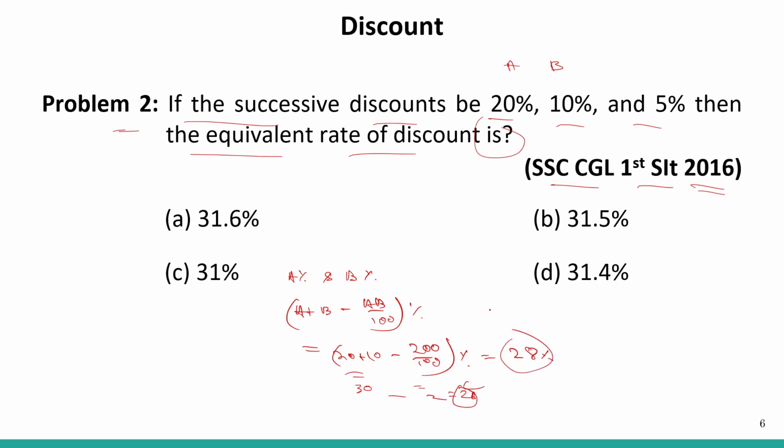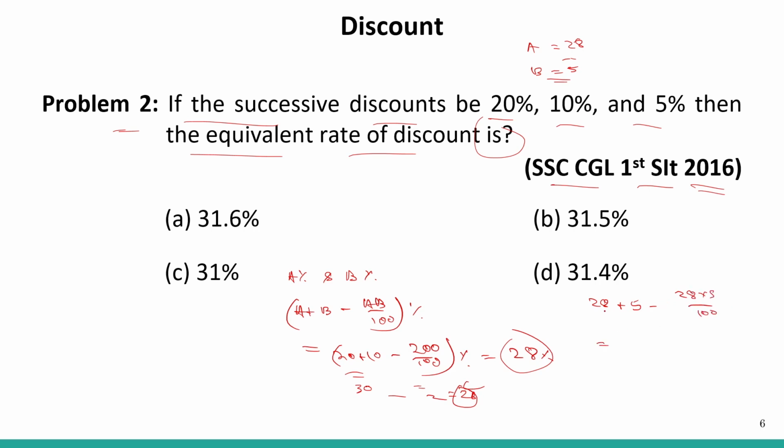Now we have a successive discount of 5%. Let's treat A as 28 and B as 5, and evaluate again. A plus B minus AB by 100 is equal to 28 plus 5 minus 28 into 5 by 100, this much percent.